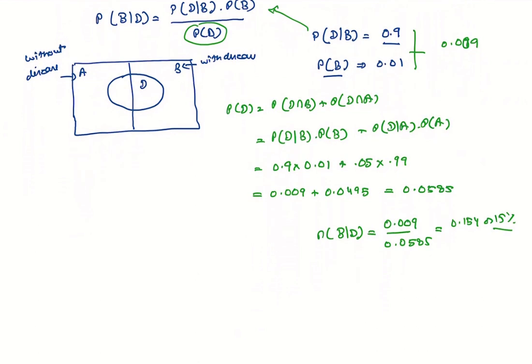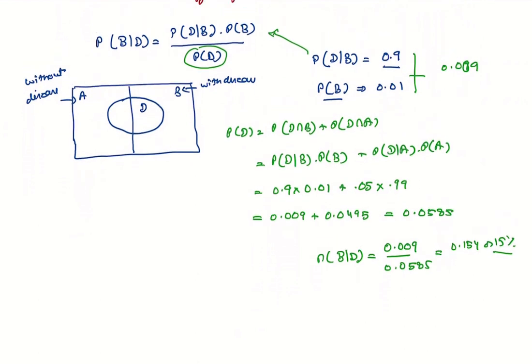It is important to realize the critical impact of this. This is the probability of the disease. Since the disease is rare, its probability is 0.01. If we just convert it to 0.1 or 10%, we do the math, it will come out to be 64%.